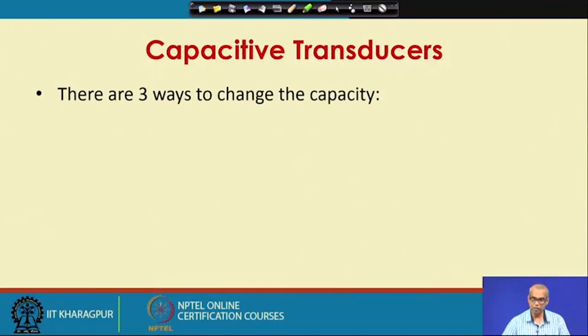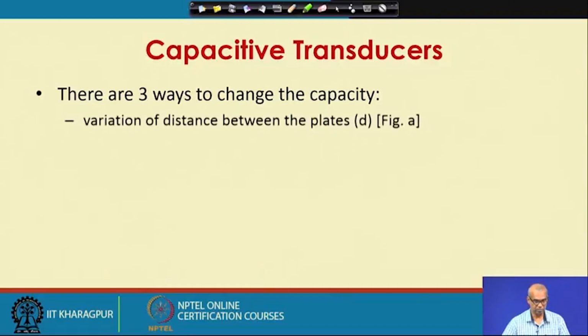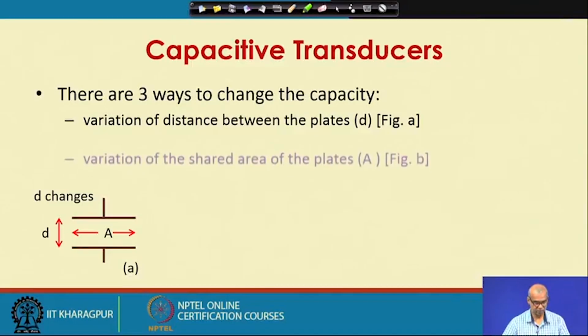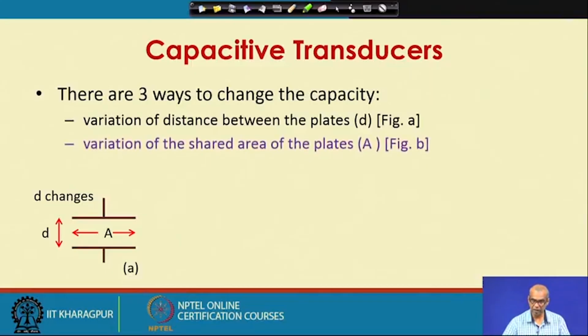There are 3 ways to change the capacity: variation of distance between the plates. So, if you change d, the capacitance will change. Variation of the shared area of the plates. So, if you change A by displacing the plates, there will be change in the capacitance.